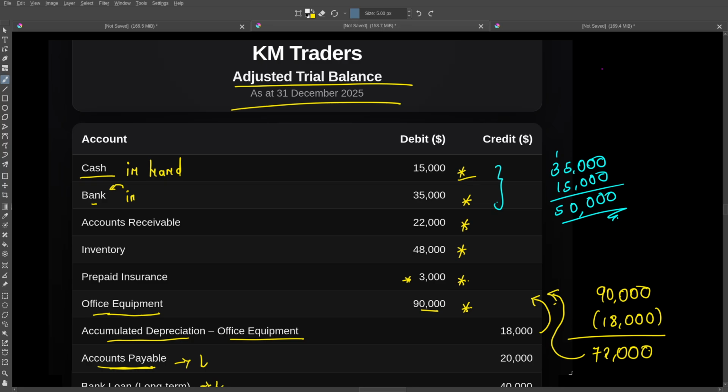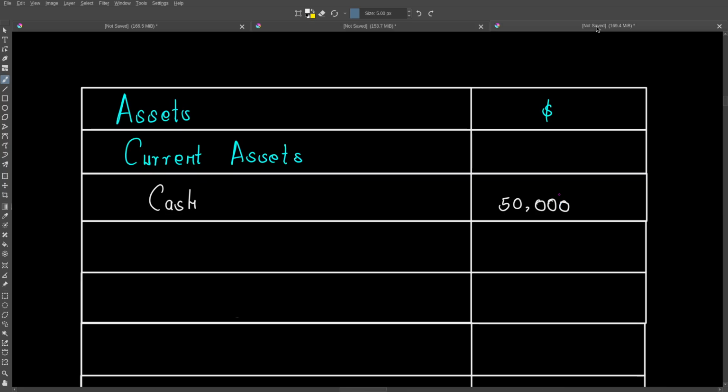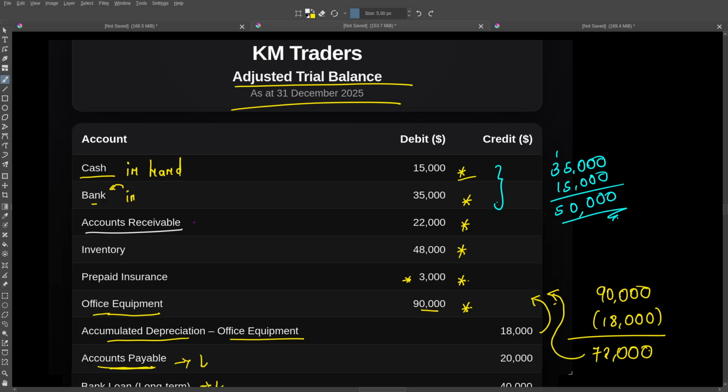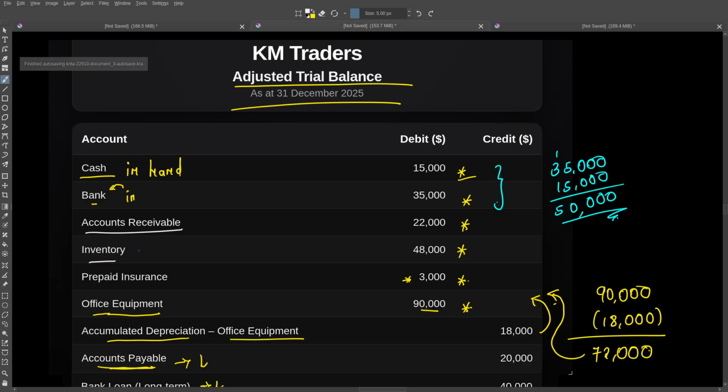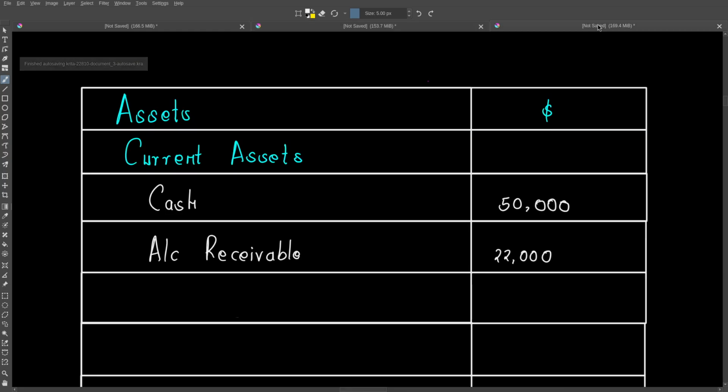Then here we have account receivable. Remember, account receivable is those things that you've sold and you are yet to be paid. We are expecting these people to pay you. Then we have inventory, that is 48,000.